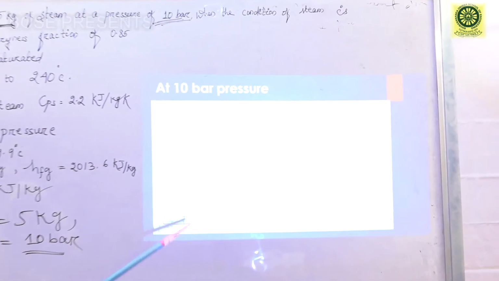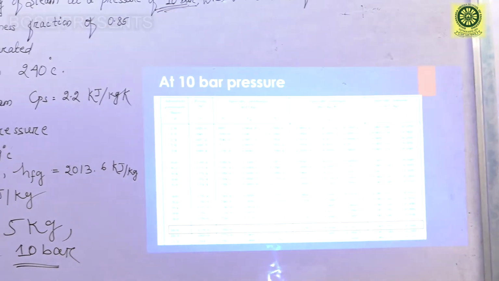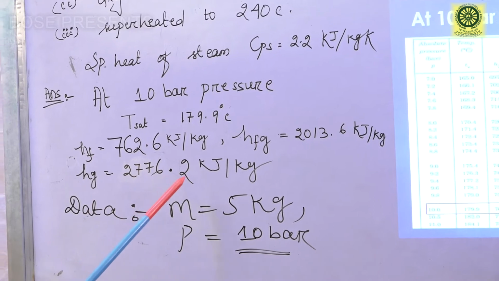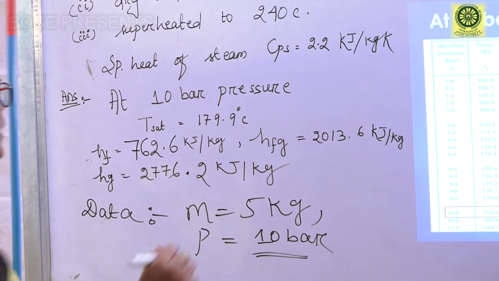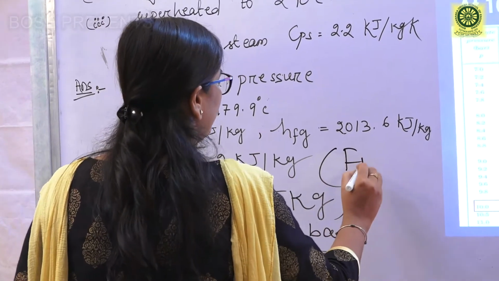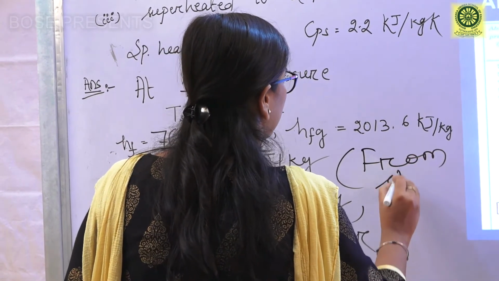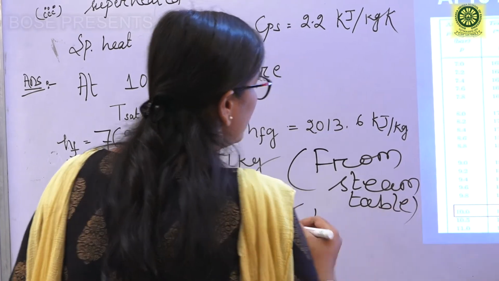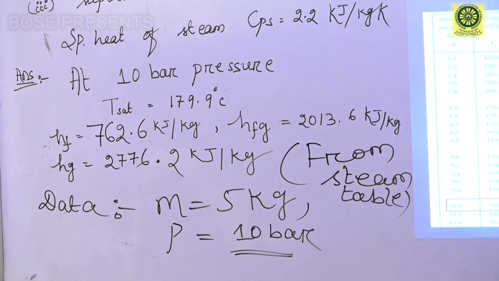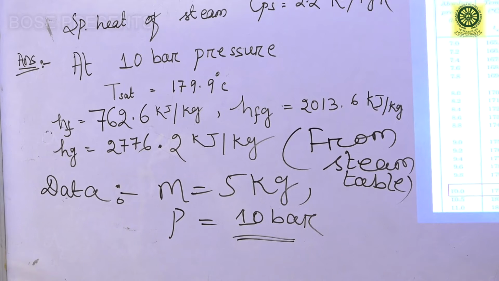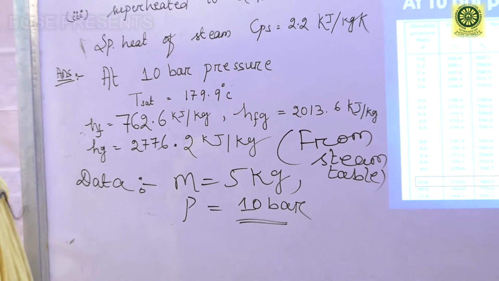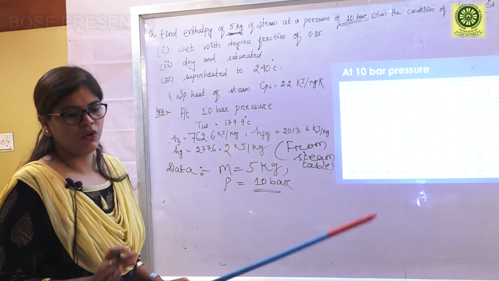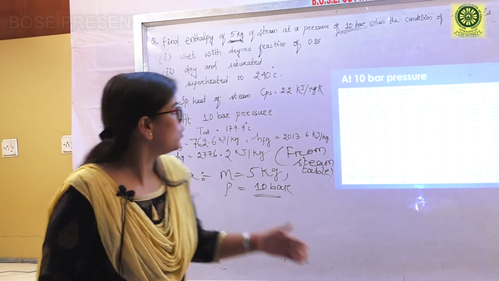I have written these values from the steam table, and you should write them down from the steam table. Before proceeding to your problem, you should write down the data and the conditions for the pressure given. Then I proceed to the question.